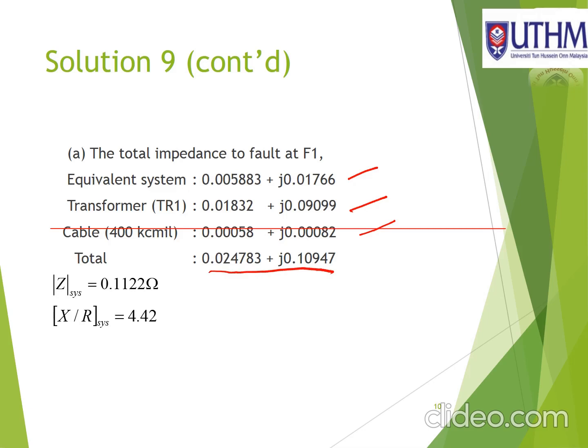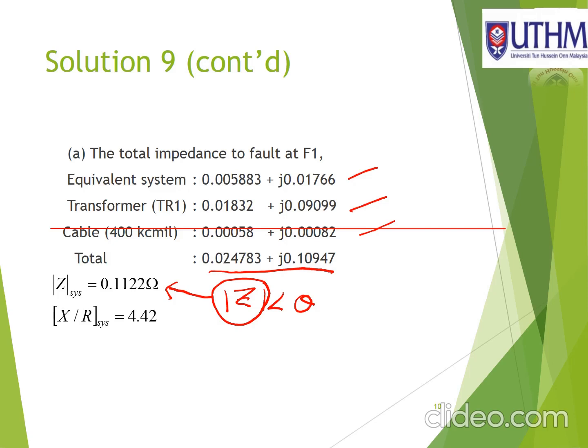By converting this rectangular value to polar form, we can get the value of Z angle theta. From the calculator, we just take the value of Z in polar form, and this is referred to as Z system.